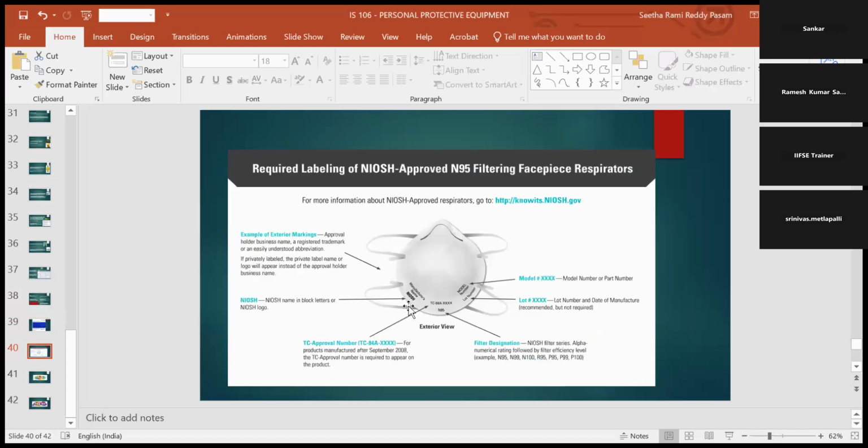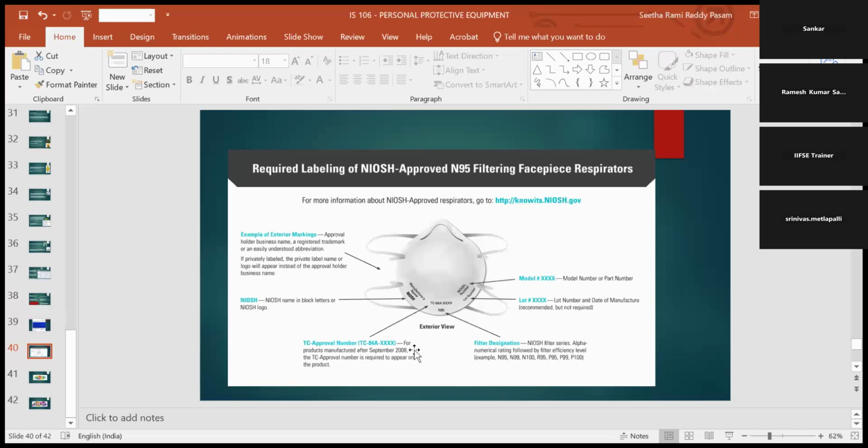And with respect to the mask, you could see many details, some of them similar to the helmet. It starts with the model number, which mask it is. Then a lot number, which means the batch number under which this mask has been manufactured. Then the filter designation, again it is N95. We also have N99, N100, R95, P95, etc. These are the different types of filter designation marks.